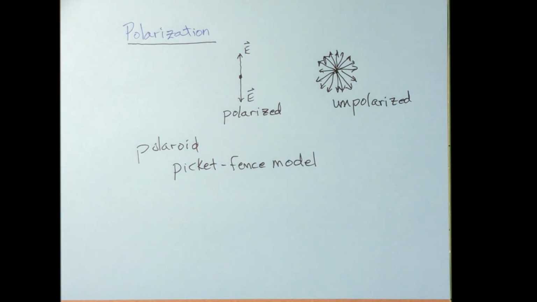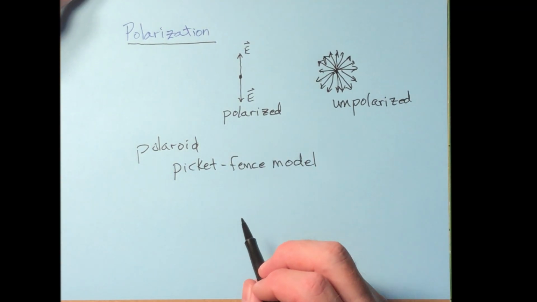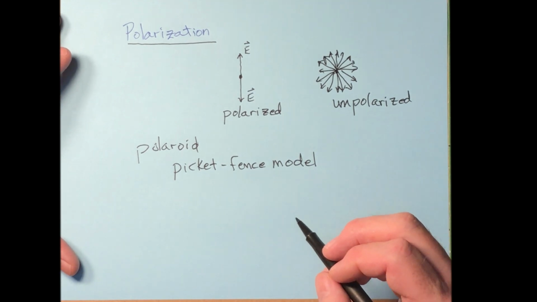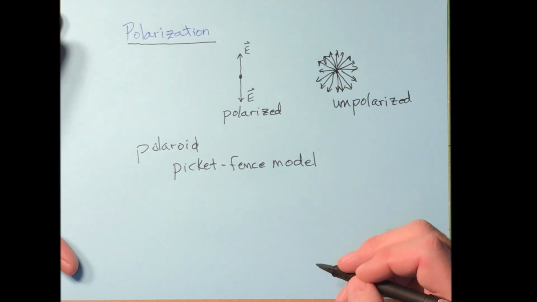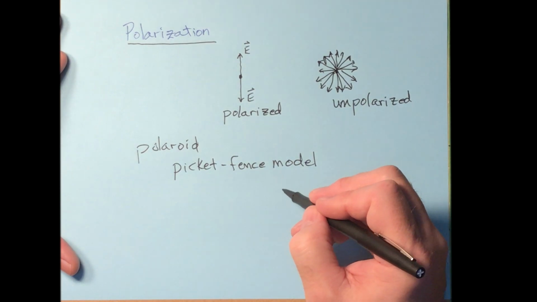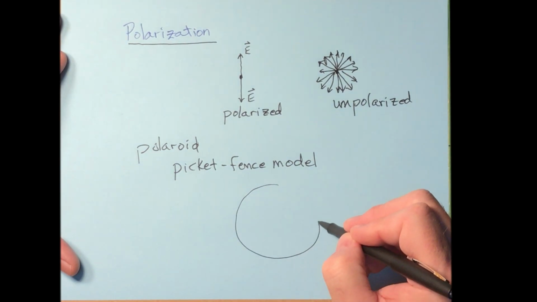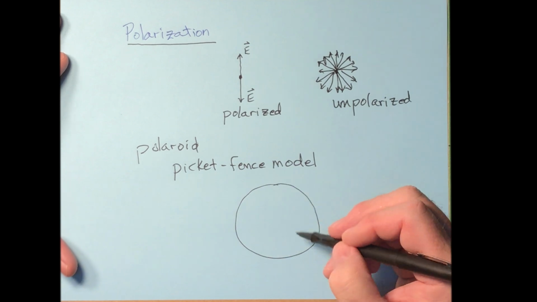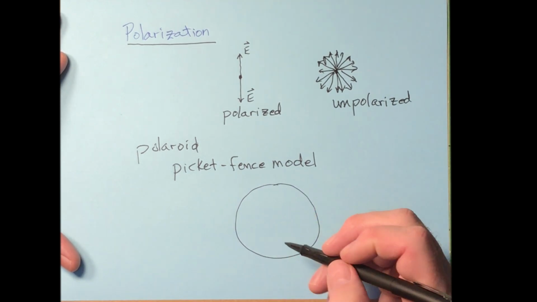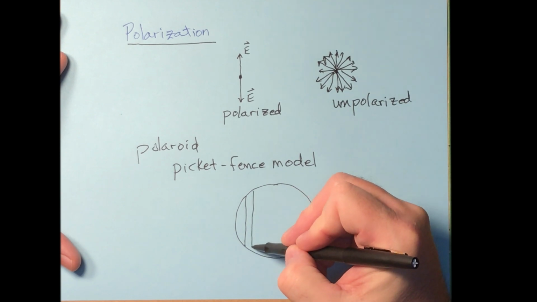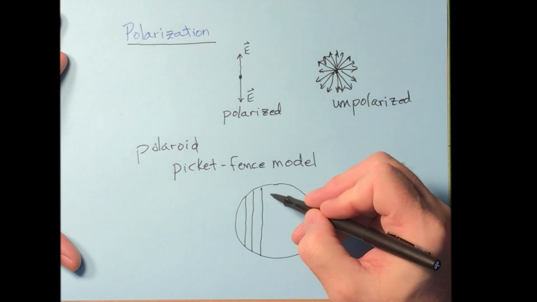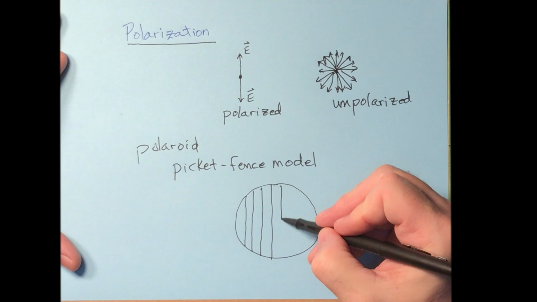The basic idea is that a Polaroid consists of long molecules embedded in plastic, and the molecules are lined up in parallel lines. So if I were to draw a plastic film, like a filter, that light is going to pass through, the molecules in it would all line up like that.